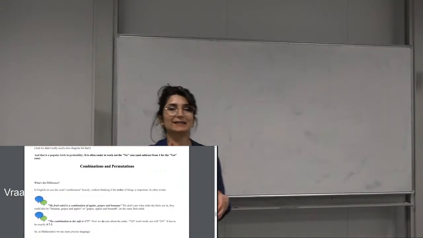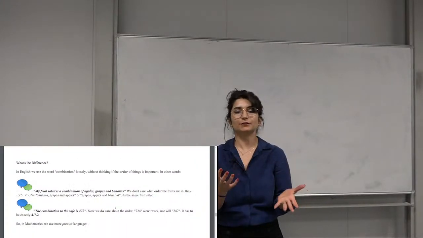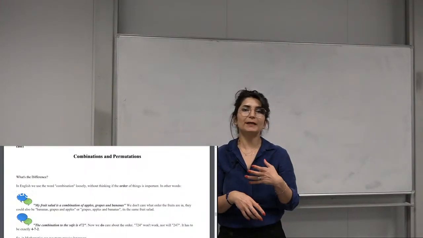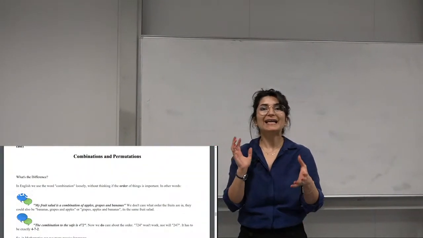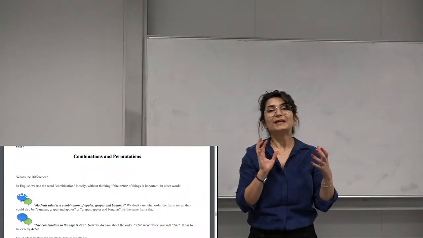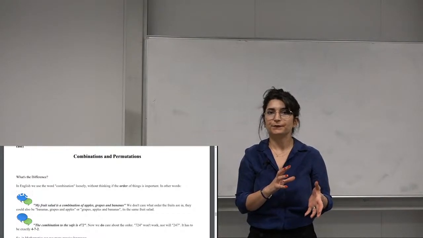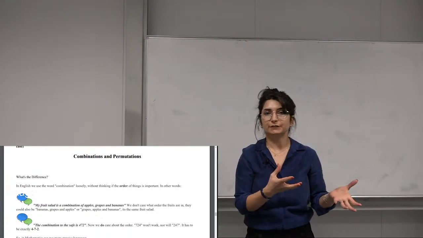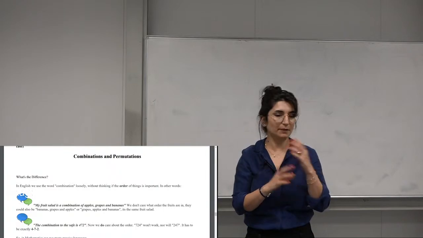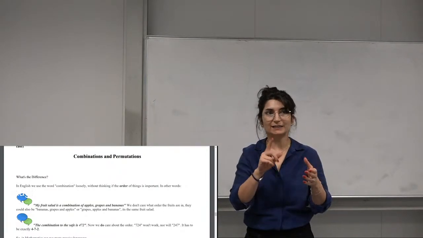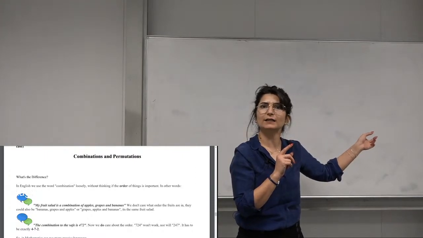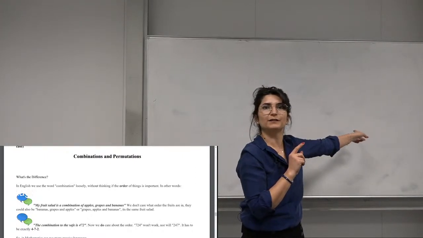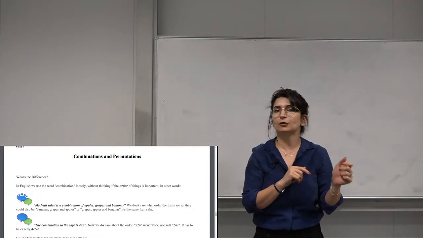As you see in the example, when you have a salad, it doesn't matter whether you make the salad first with apples, oranges, or something like that. If the order doesn't matter, then it is a combination. Which one you do first is not important. And the calculation is the one that I showed for Stein's question, the 15, yes. That one is a combination.